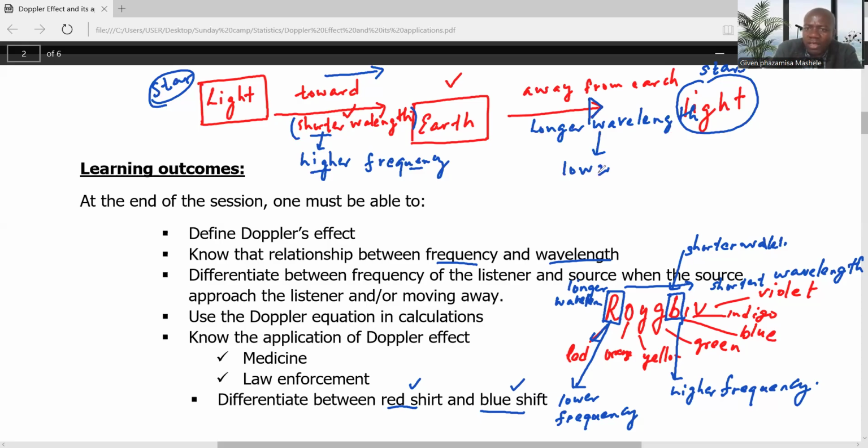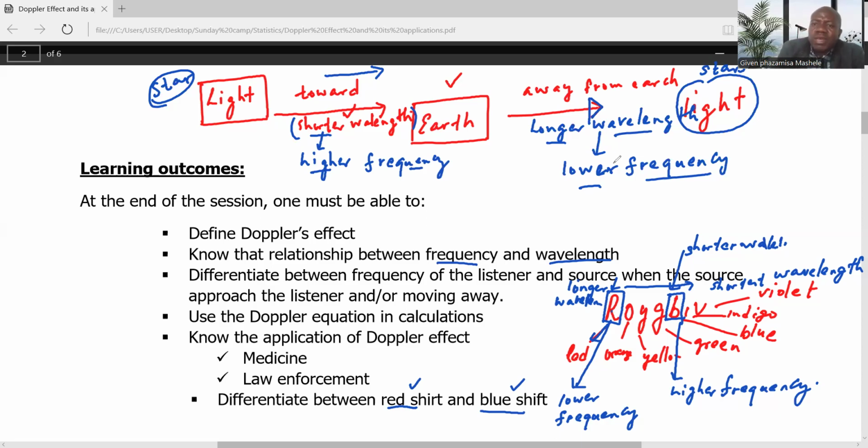Now, I want us to compare this with what you call a red shift and blue shift. If there is a longer wavelength, the frequency becomes lower. This has to do with red light, because red light has a longer wavelength and lower frequency.